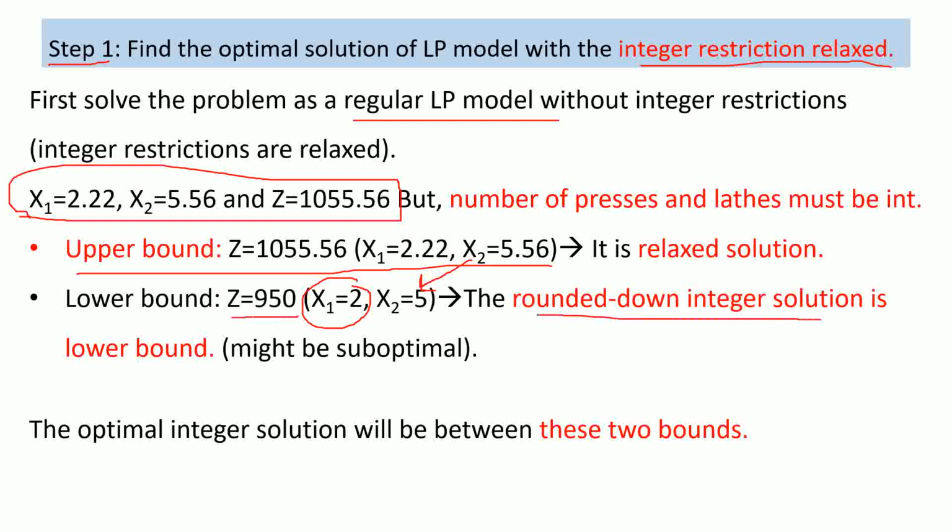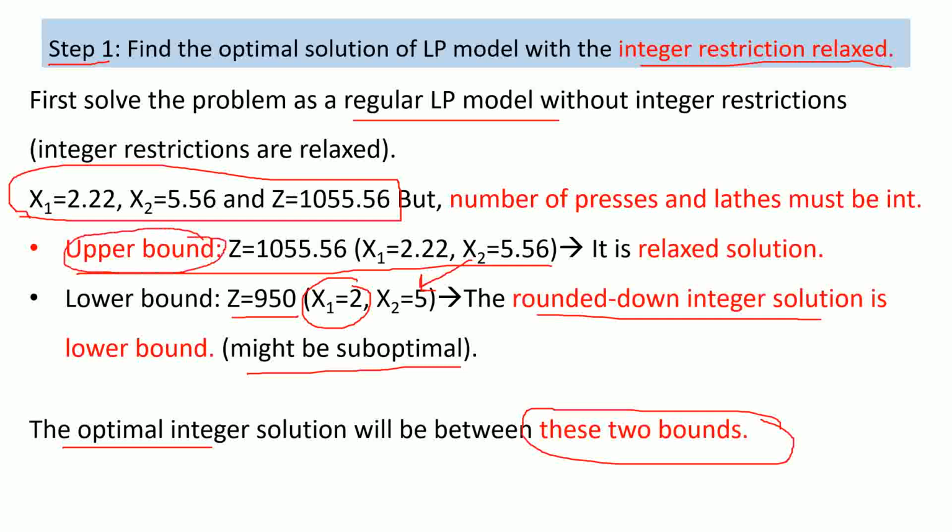It is the lower bound, and it might be suboptimal. Anyway, the optimal integer solution for this linear programming problem is found between these two bounds, that is, the relaxed or upper bound and the lower bound.